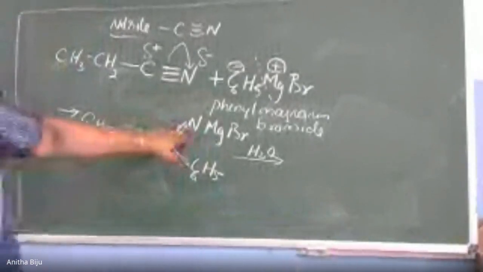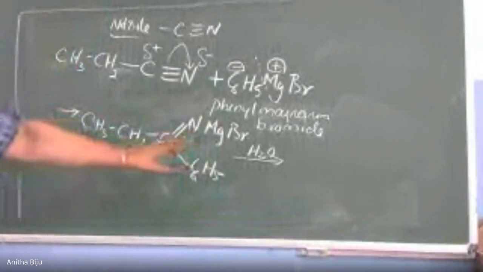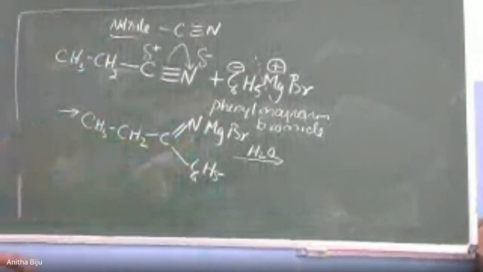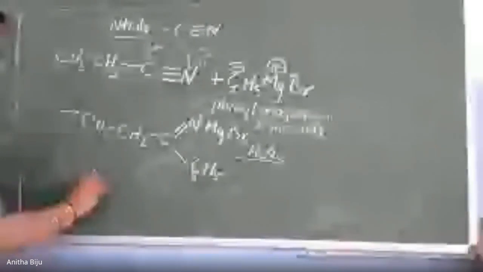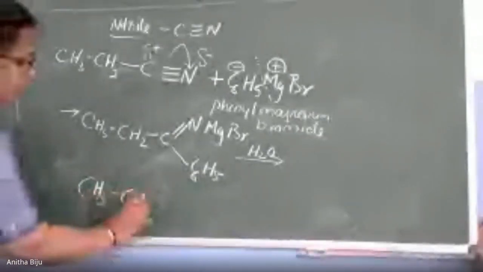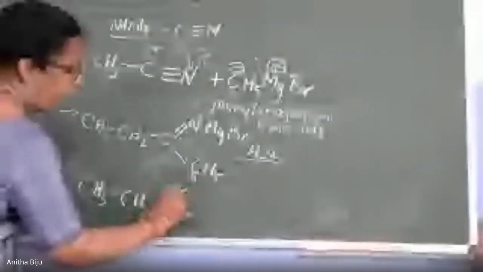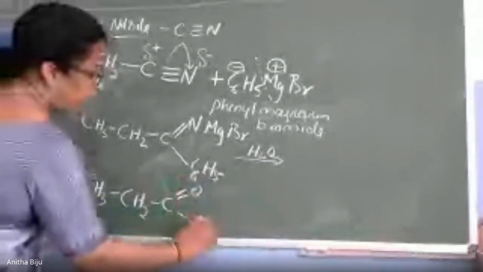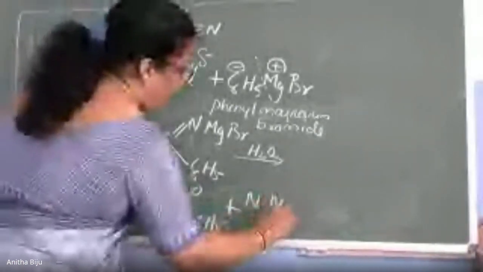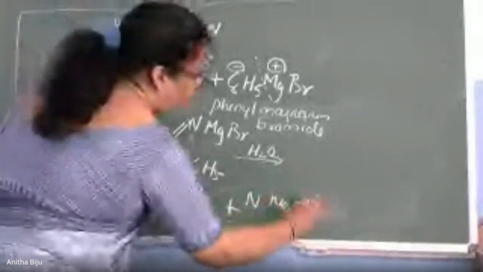Instead of nitrogen, oxygen will come because oxygen is more electronegative than nitrogen. So we have the major product CH3CH2C double bond O, C6H5, plus we have the byproduct MgOH.